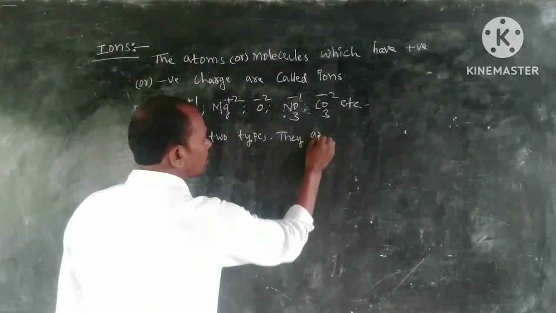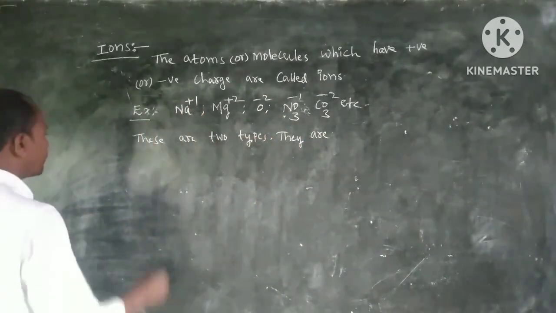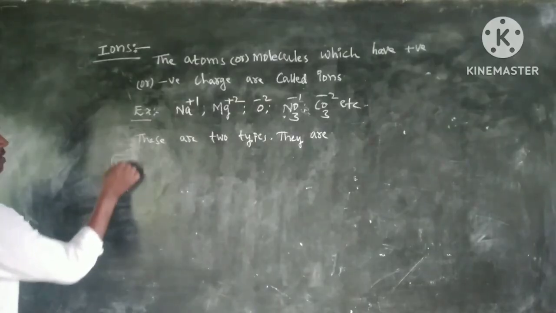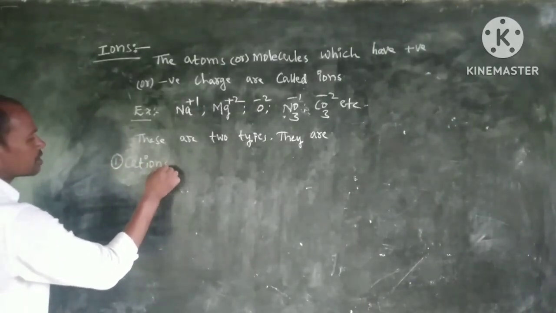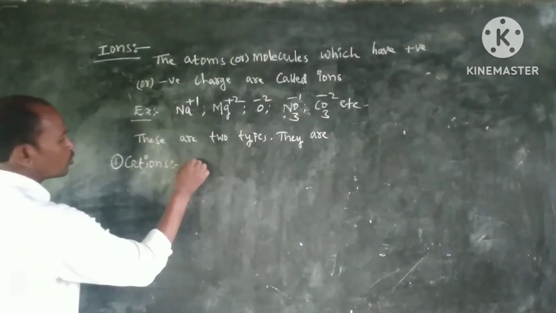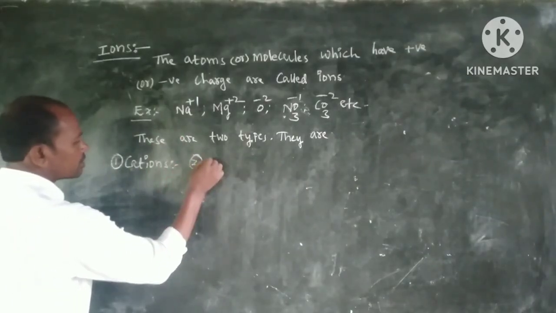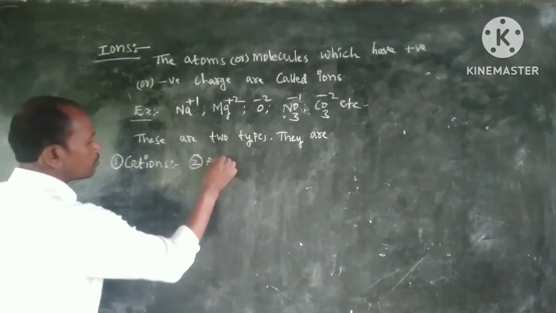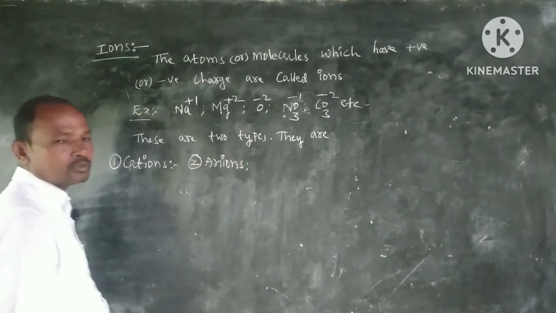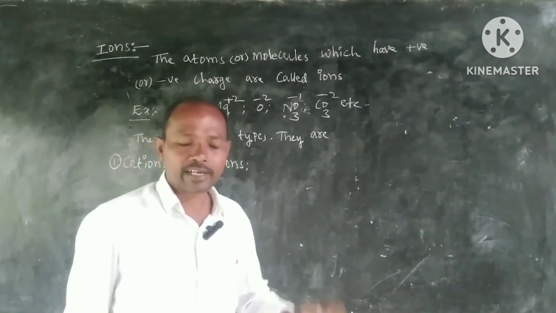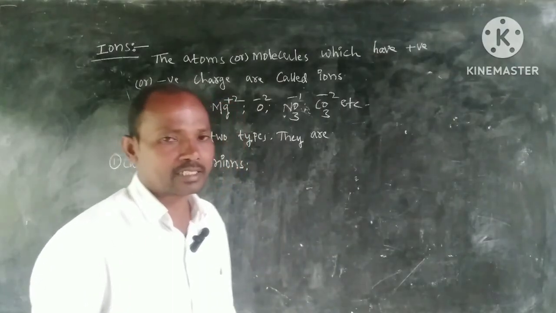They are number one, cations, and number two, anions. Ions are mainly two types: cations and anions.